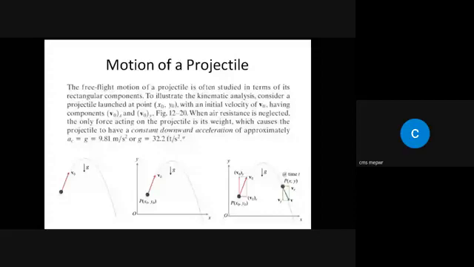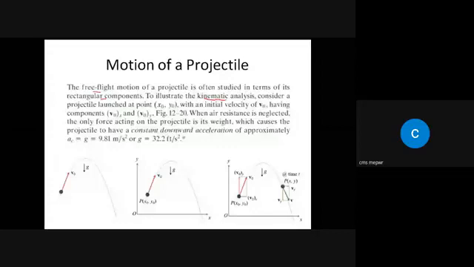Now, how can we analyze the motion of a projectile? The free flight motion of a projectile is often studied in terms of its rectangular components. To illustrate the kinematic analysis, we will not consider the initial force which causes the motion.